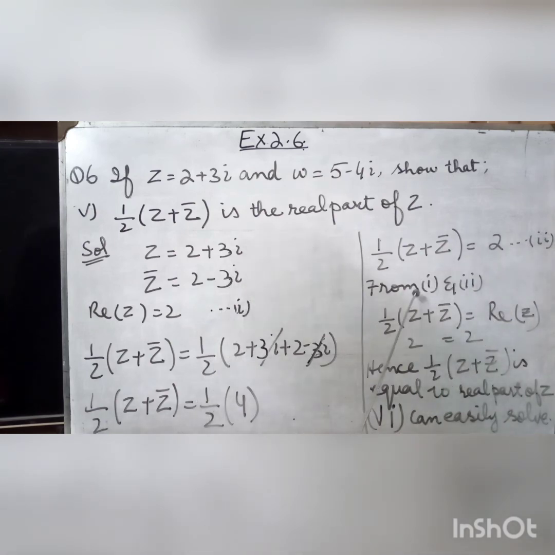From 1 and 2, 1 over 2 into z plus z bar is equal to real part of z, that is 2. Hence 1 over 2 into z plus z bar is equal to the real part of z. So this is what we have to prove. Part 6 can easily be solved.